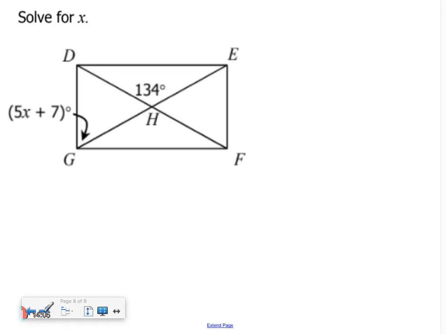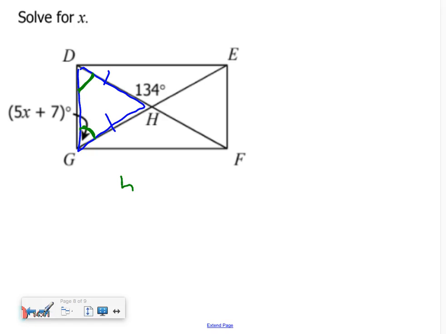All right, one more. Find x. Anyone have a plan? Yeah. You know that the base angles of the triangles PAG are congruent to the alternate, or like the outside angle, which is 134. Yep. She's saying these two are equal. So if I add those two expressions together, it equals 134.